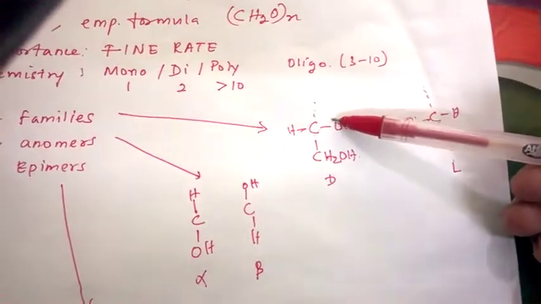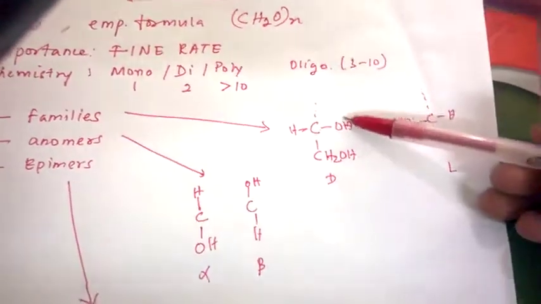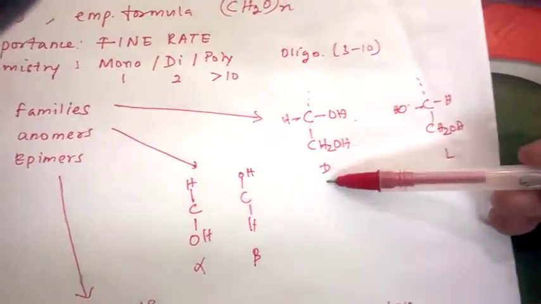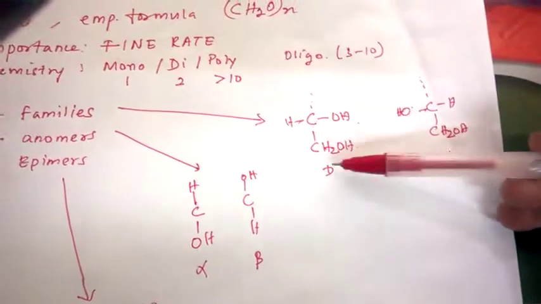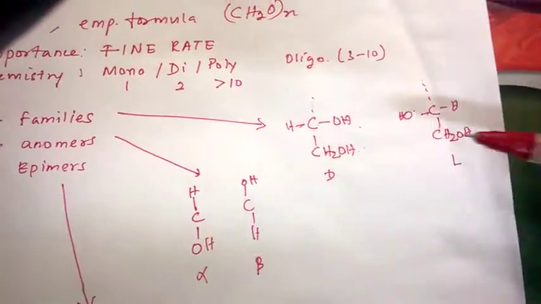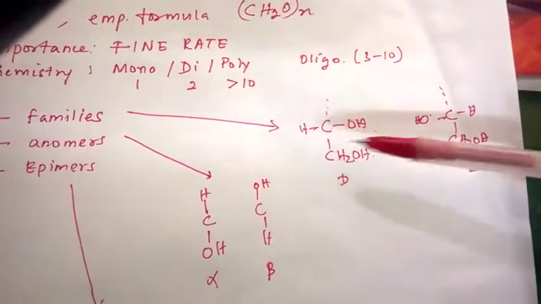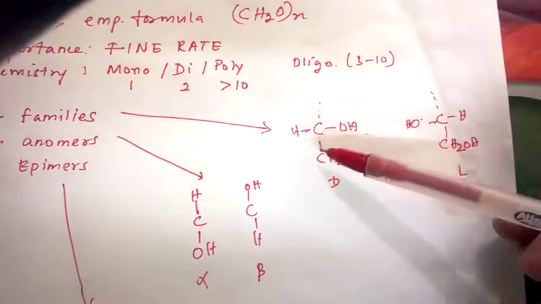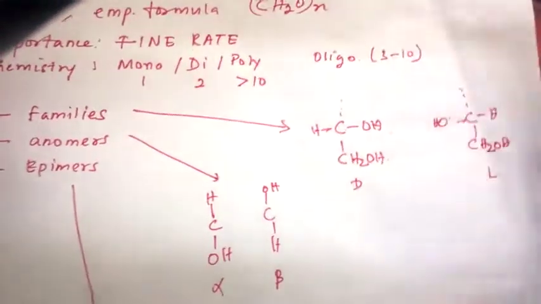If the hydroxyl group is placed as such, like here on the right side, this is D. You classify this as part of the D family. If it's on the opposite side, it's the L family. So how can you simply say this? Families are based on the configuration on the penultimate carbon, right?